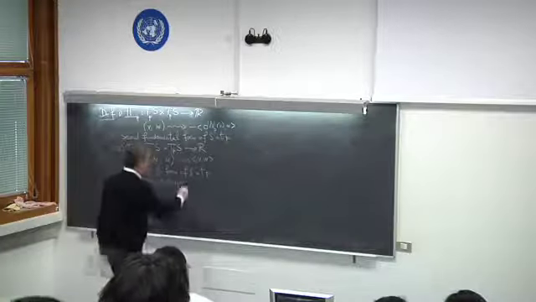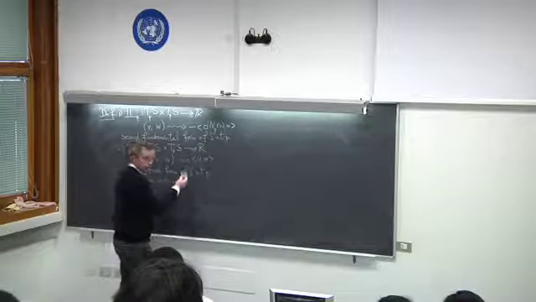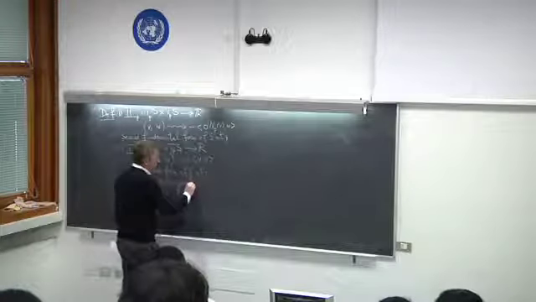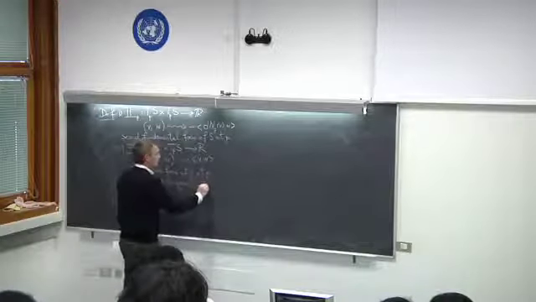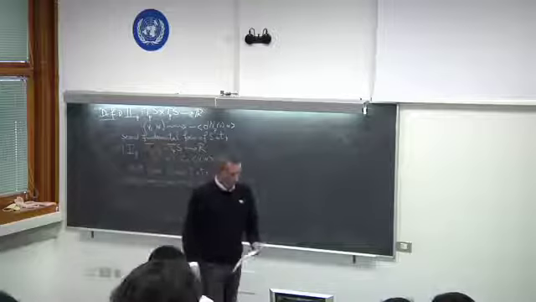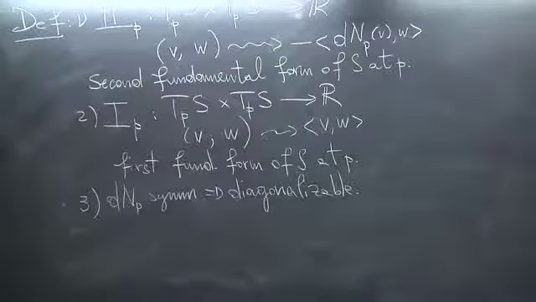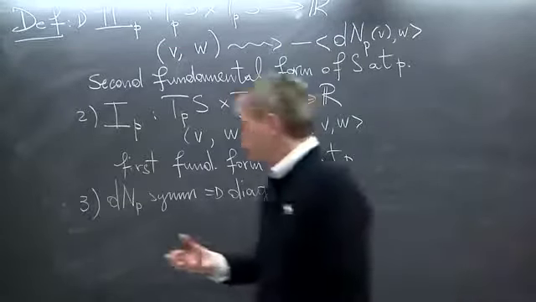Now, diagonalizable, of course, not diagonal. Okay? But diagonalizable. So that means that there are two numbers which are more interesting than other numbers, and two vectors which are more interesting than the other vectors. The two numbers are the eigenvalues.